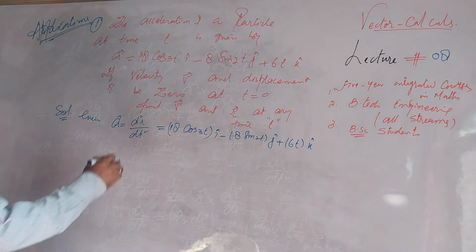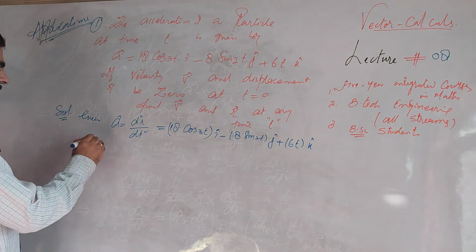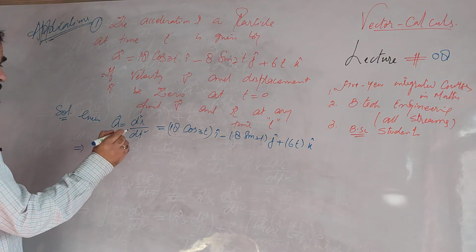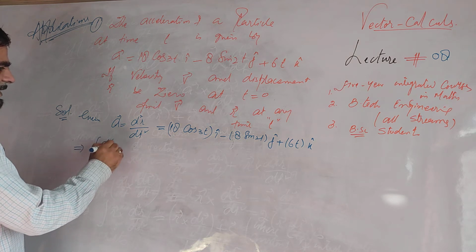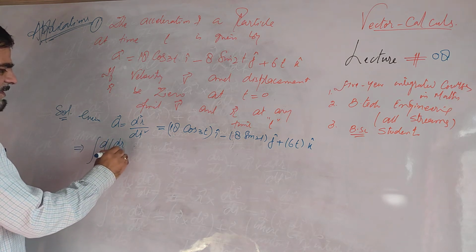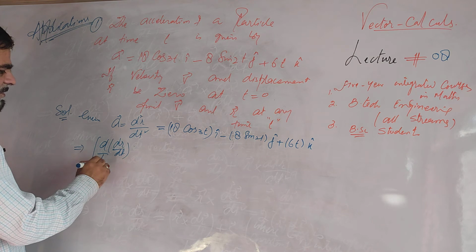Now we integrate on both sides: the integral of d by dt of dr by dt with respect to t.